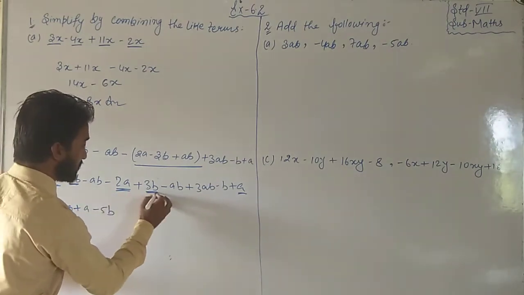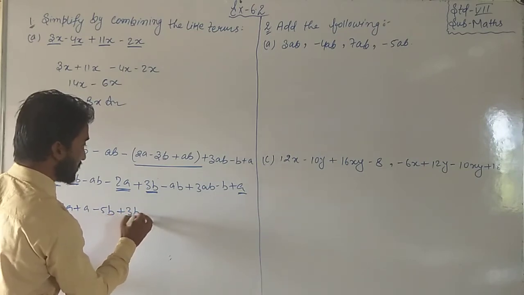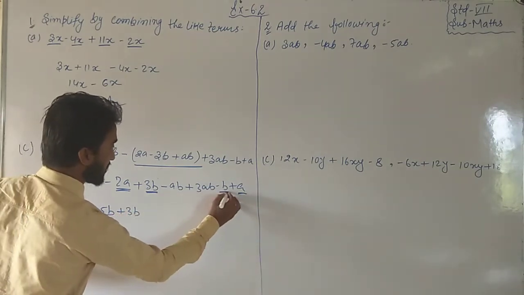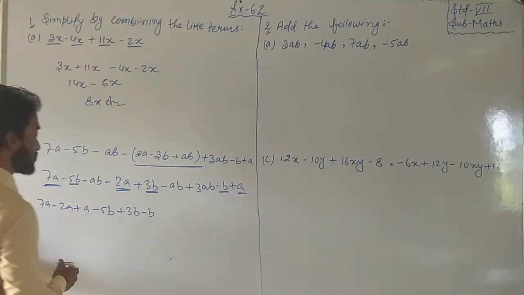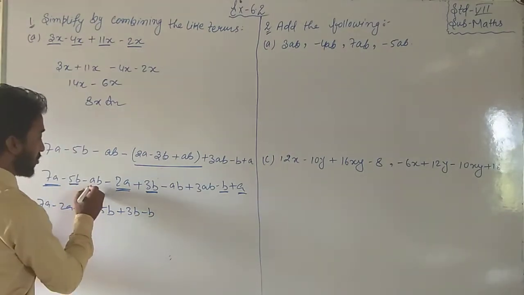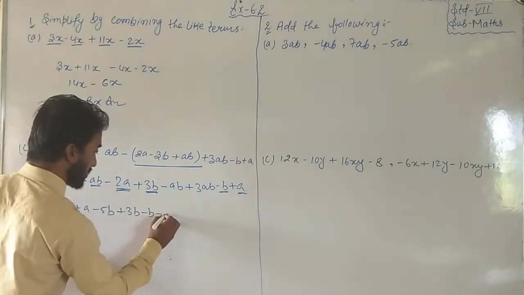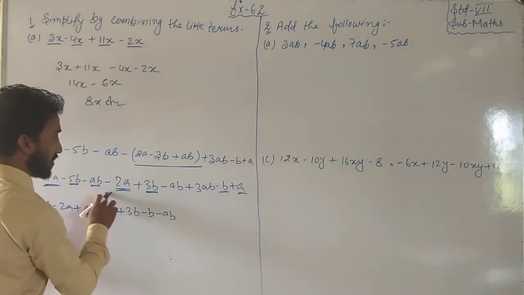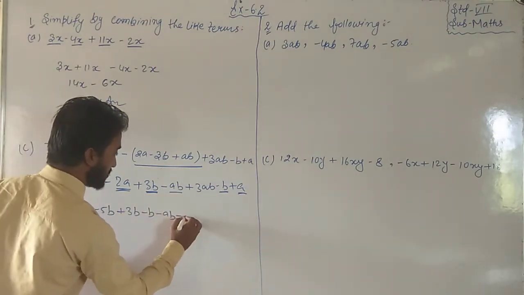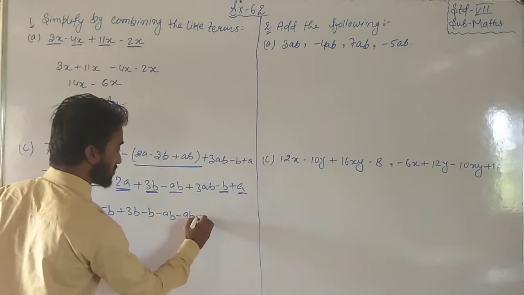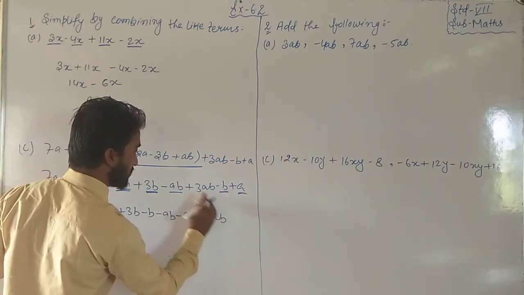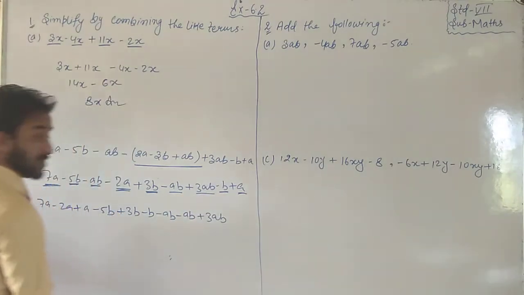Again plus 3b. Next minus b. Now minus ab is there, so write minus ab, again minus ab, plus 3ab. Okay, students.